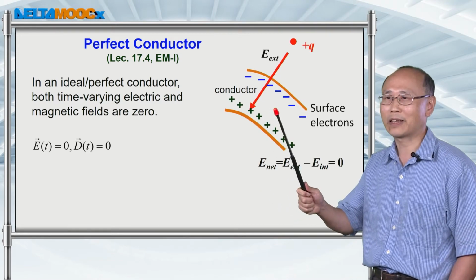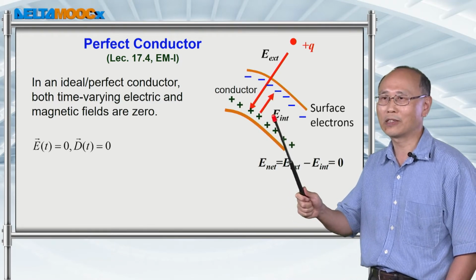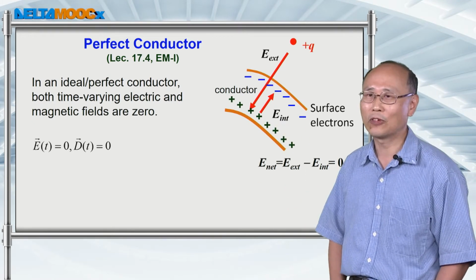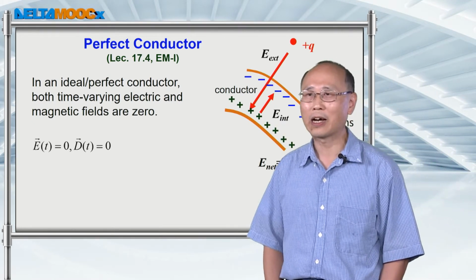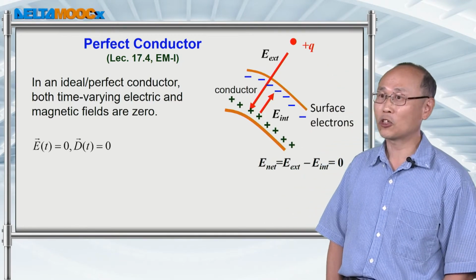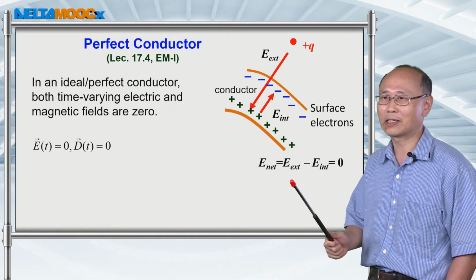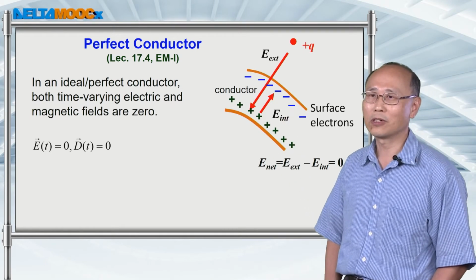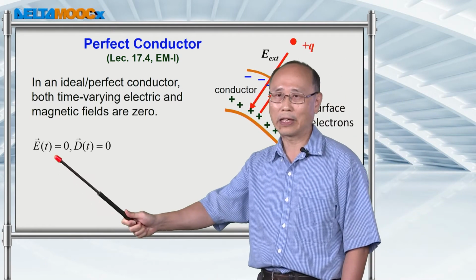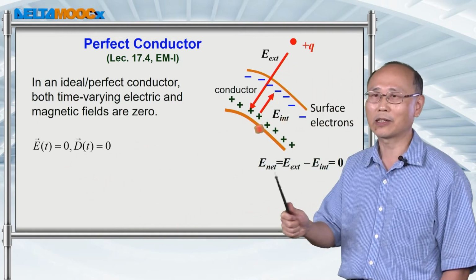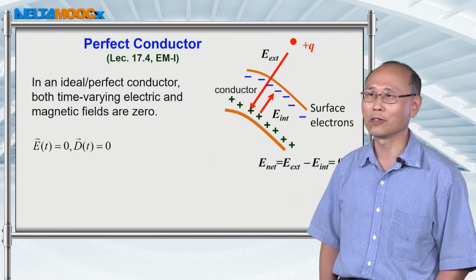And in this process, you're going to build up some internal electric field to cancel out the external field. So if you have an ideal conductor with many charges, then eventually the net electric field inside is going to be equal to 0. So I told you before that the electric field inside a piece of ideal conductor has to be equal to 0.